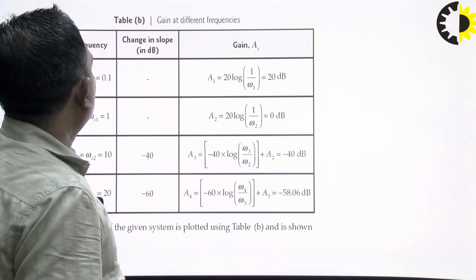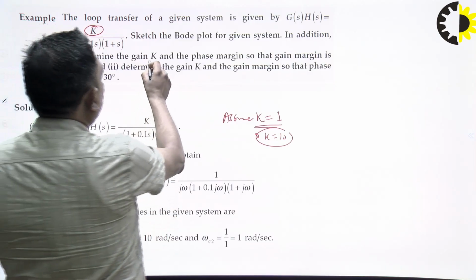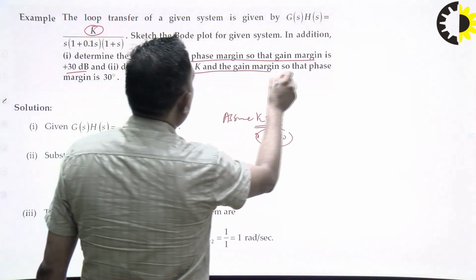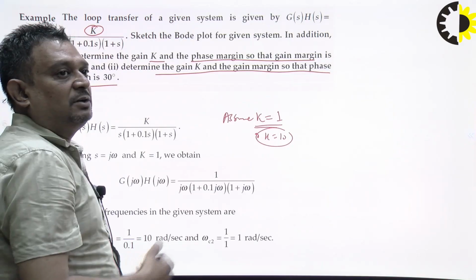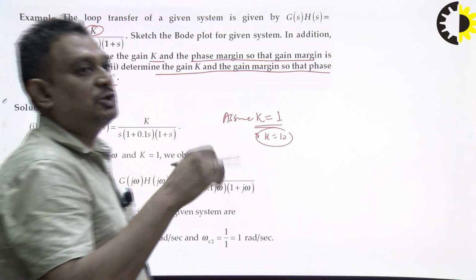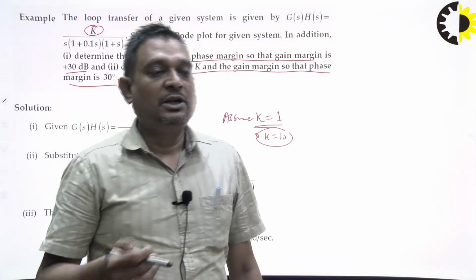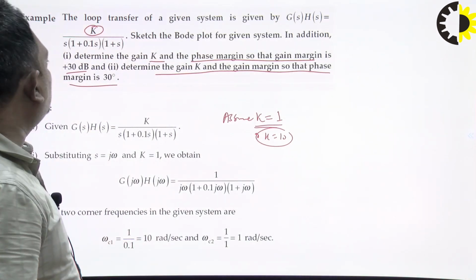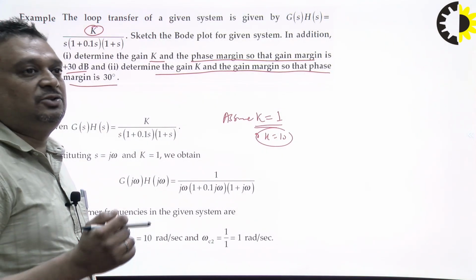Okay. And like in this question, in addition, determine k and the phase margin so that gain margin is plus 30 dB. Whenever this type of condition is there, then we have to shift our Bode plot accordingly. Let us suppose you have assumed k equals 1, and based on that assumption you get a plot in which gain margin is 20 dB, but you want your gain margin to be 30 dB.